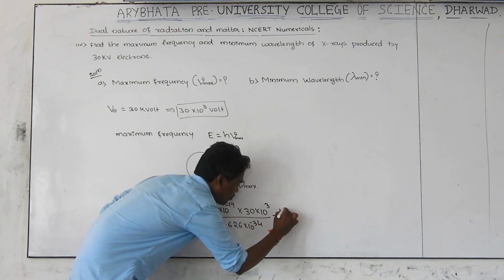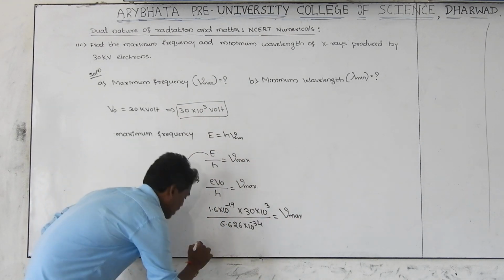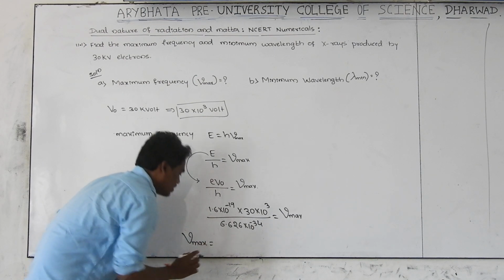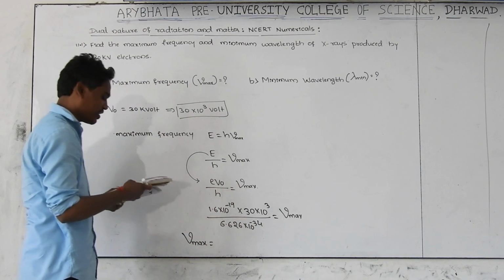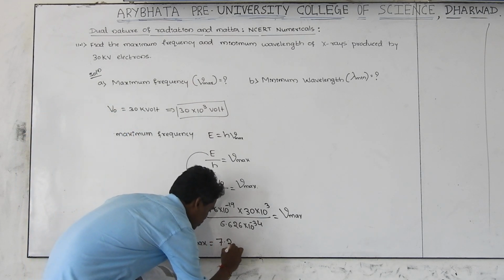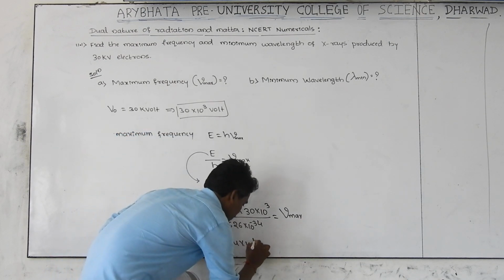This is equal to nu max. After calculation, the maximum frequency is 7.24 into 10 to the power of 18 Hz.